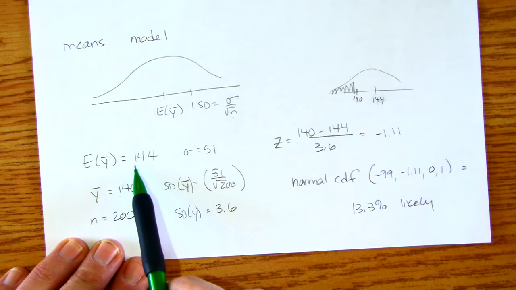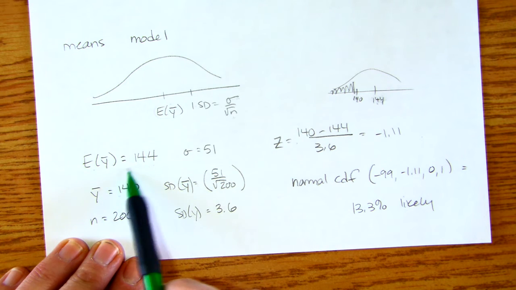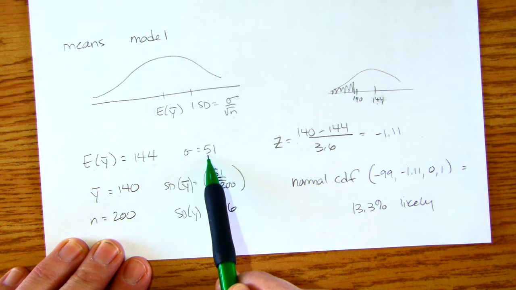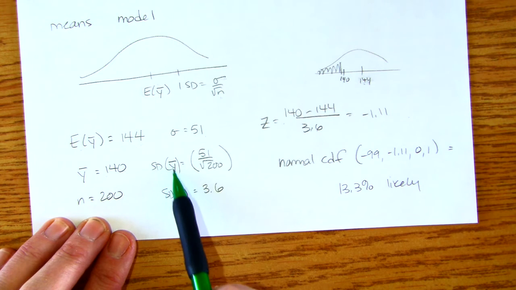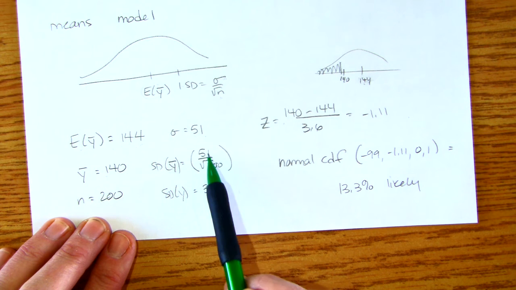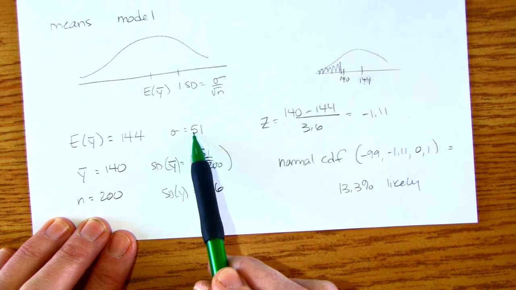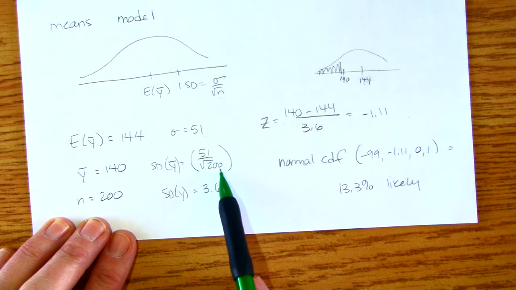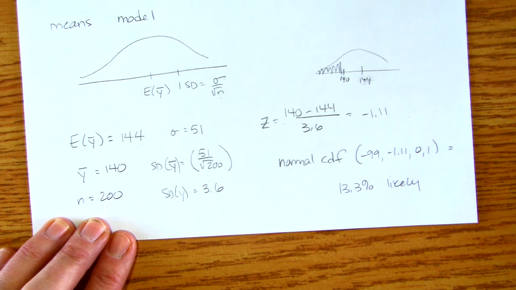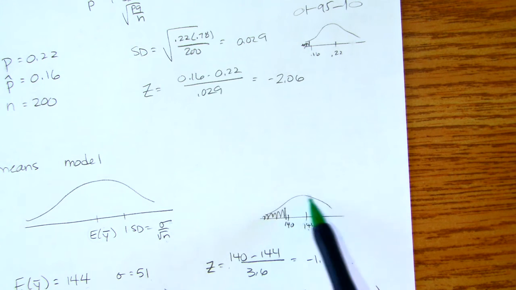In this case, the expected mean was 144 pounds with a standard deviation of 51 pounds. So I calculate the standard deviation of my model by dividing my population standard deviation by the square root of my sample size, and I get that the standard deviation of my sampling distribution is 3.6.